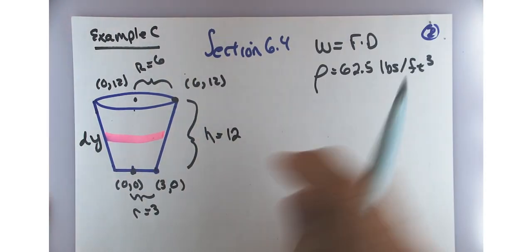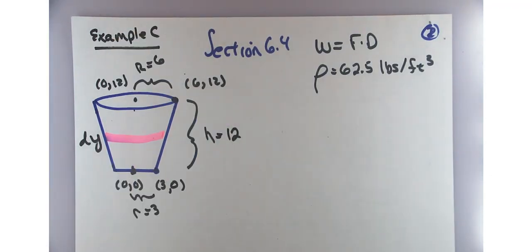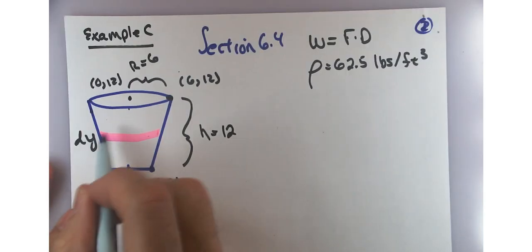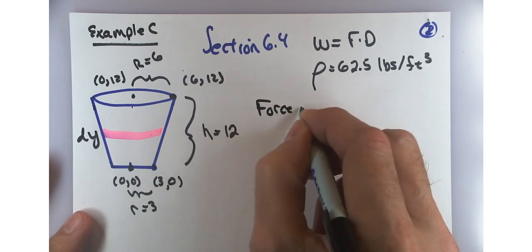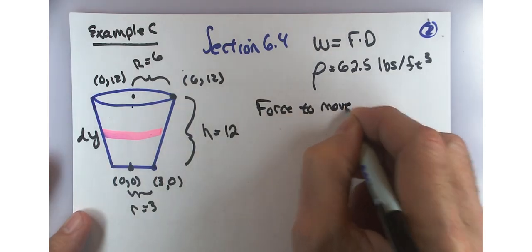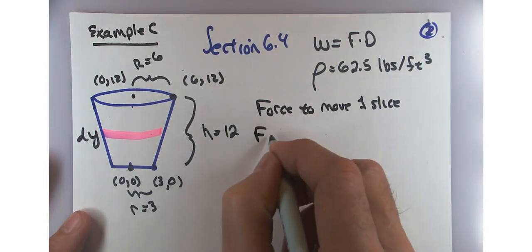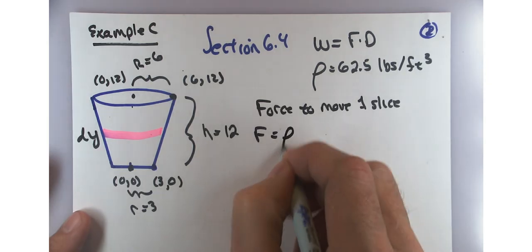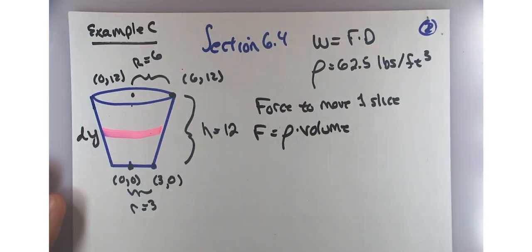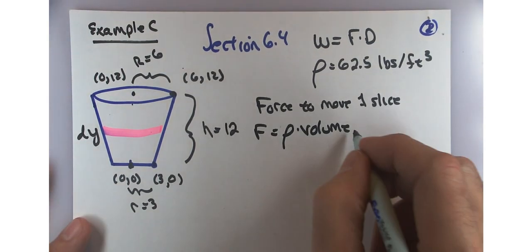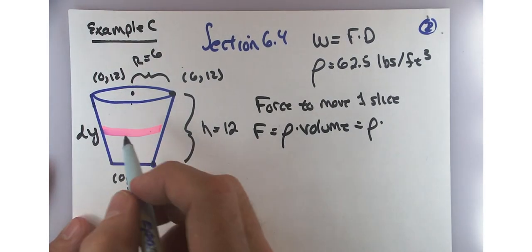We're going to find the force required to move that one slice by calculating essentially its volume. So the force to move one slice is going to be the density times the volume. And the volume's a little bit different in this case. The volume is going to be the area of this times the thickness.